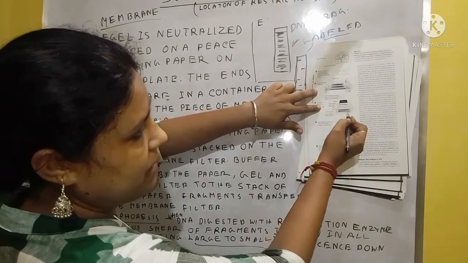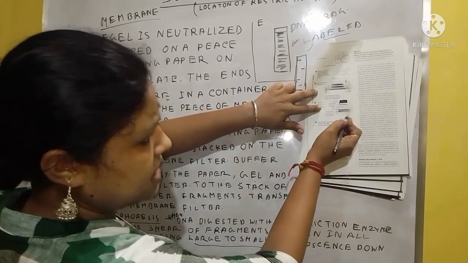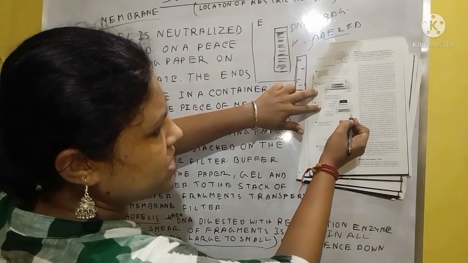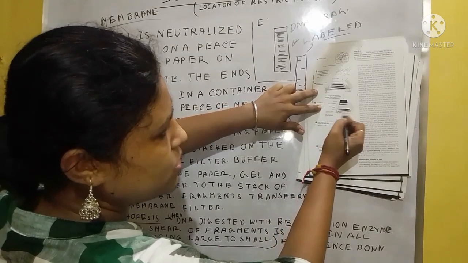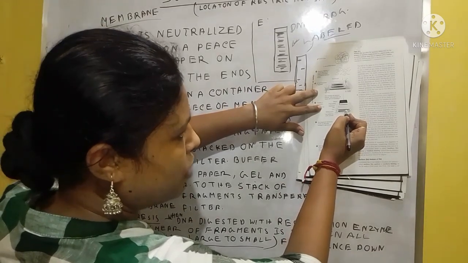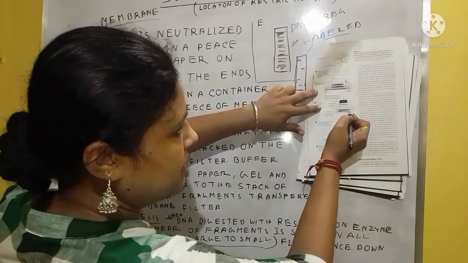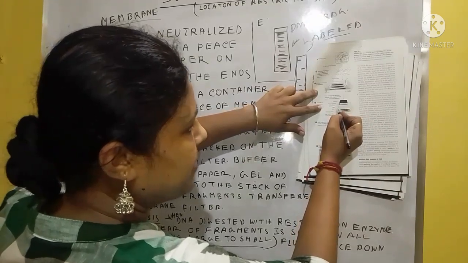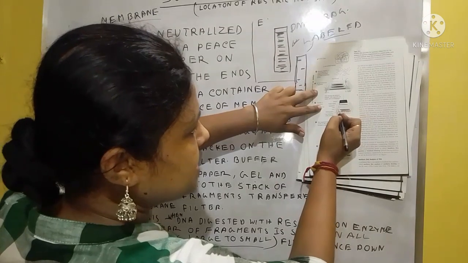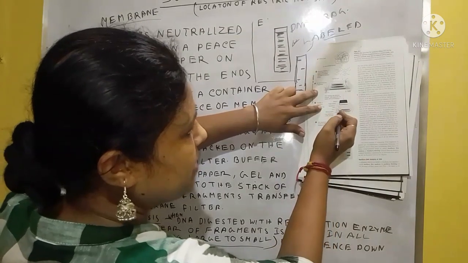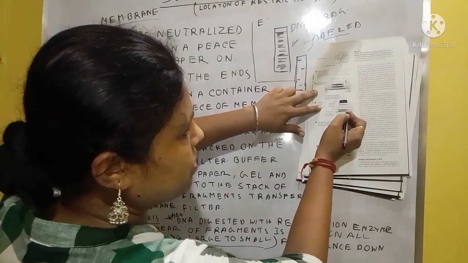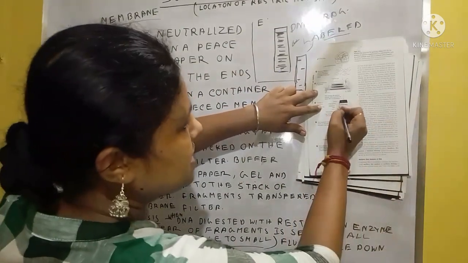Above it the blotting paper remains. This is the gel; on the upper side of the blotting paper we put the gel, and after that the membrane filter. Next, on the upper side of the membrane filter are the paper towels, and this is the weight.